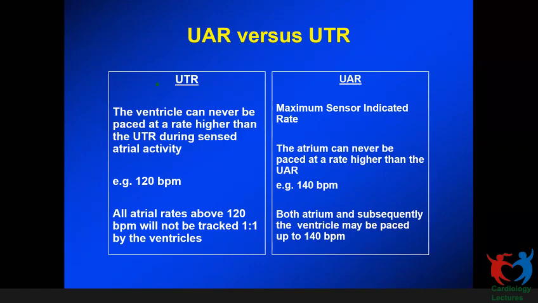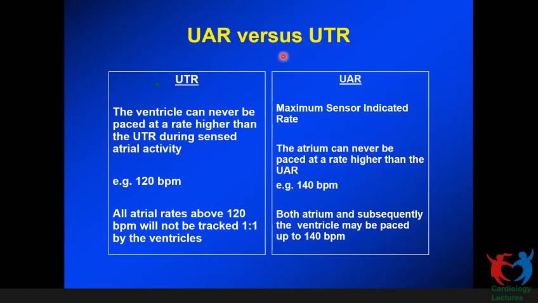Obviously your MSR, or what he discussed as the activity rate, is basically what you want to set as the sensor rate. So that is the rate at which, in a dual chamber device, you want to pace the atrium. Whereas the tracking rate is basically what you're saying, that with a sensed rhythm, when do you want to track, how fast do you want to track in the ventricle?